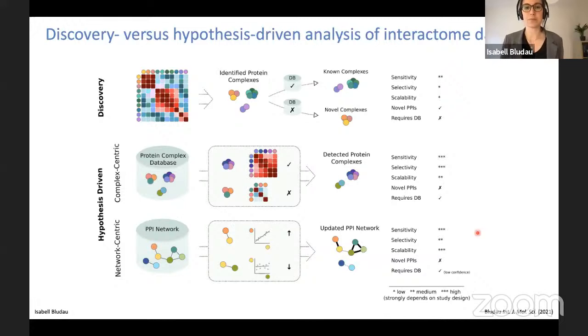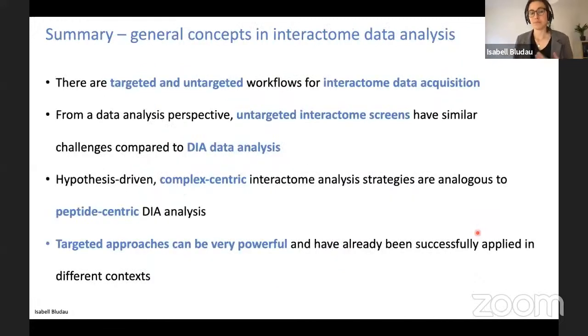Just as a brief summary of the general concepts of interactome data analysis, I'd like to highlight that they are similar to the targeted and untargeted acquisition strategies in proteomics.